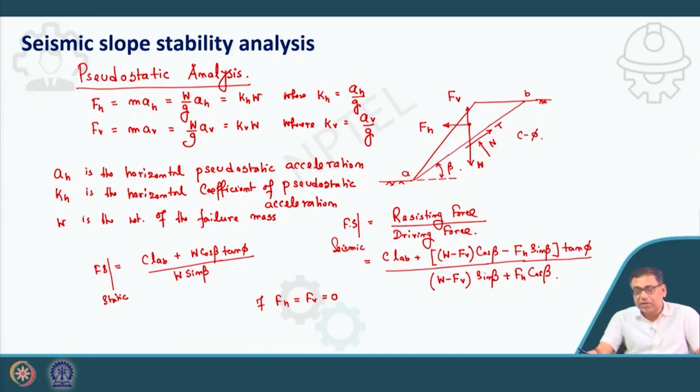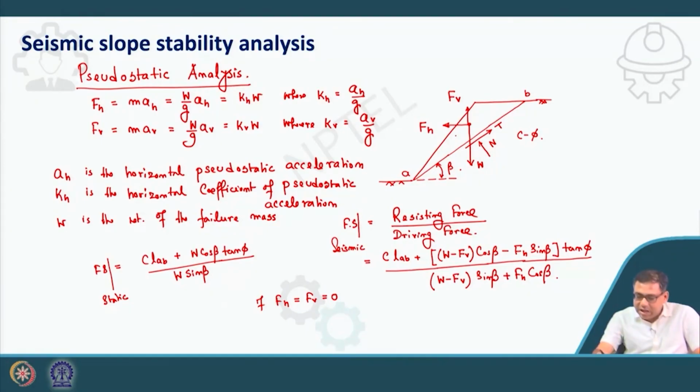But in the denominator, FH is added, so it is actually increasing the driving force. So it means reducing the resisting force and increasing the driving force. That means it will reduce the factor of safety.